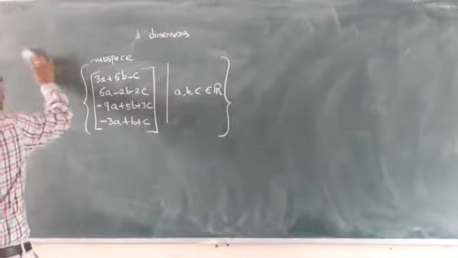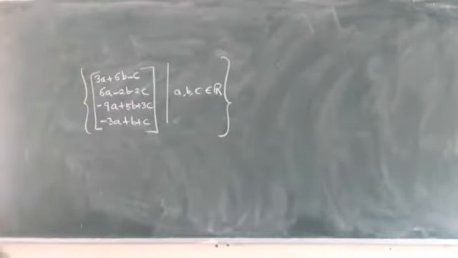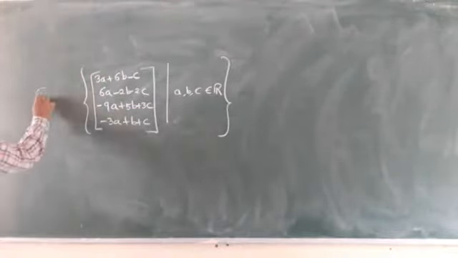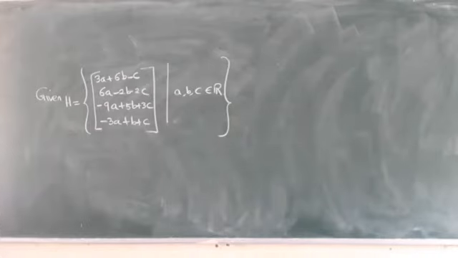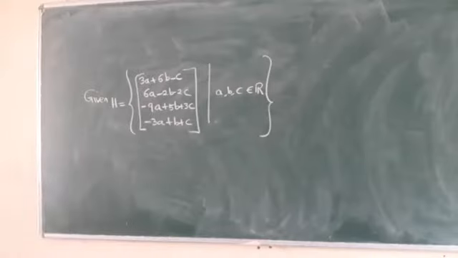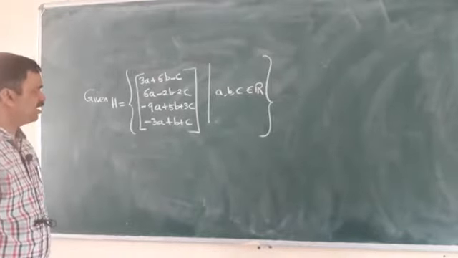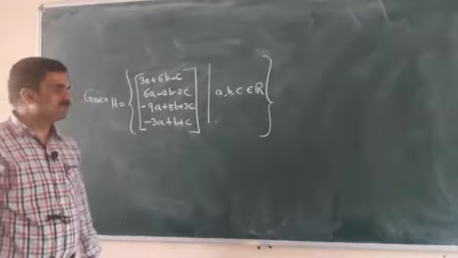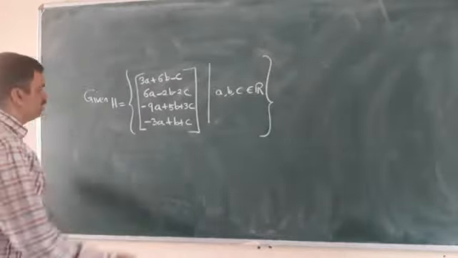Given, write this set. I'll assume it is S. Given H is equal to the column with 3a plus b, 3a plus 6b minus c in the next, 6a minus 2b minus 2c, third row minus 9a plus 5b plus 3c, and minus 3a plus b plus c. Write this combination.